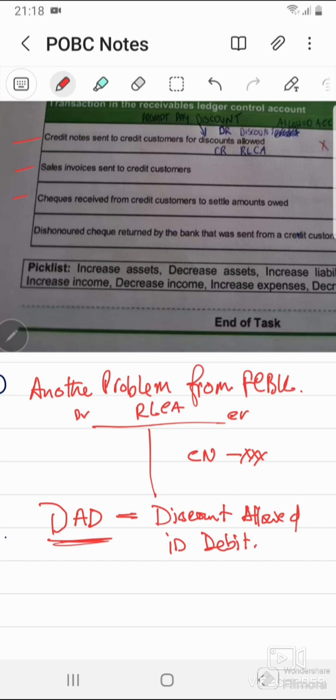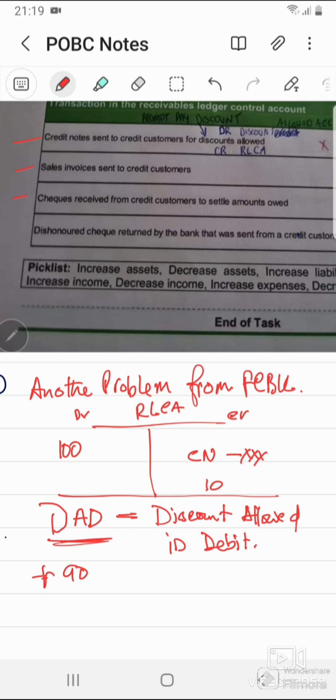Besides that, if we think about RLCA, when we have a credit note, say we were supposed to get £100 from a customer, but you give a £10 credit note, so we are earning £90. In that case, it's actually reducing my income.